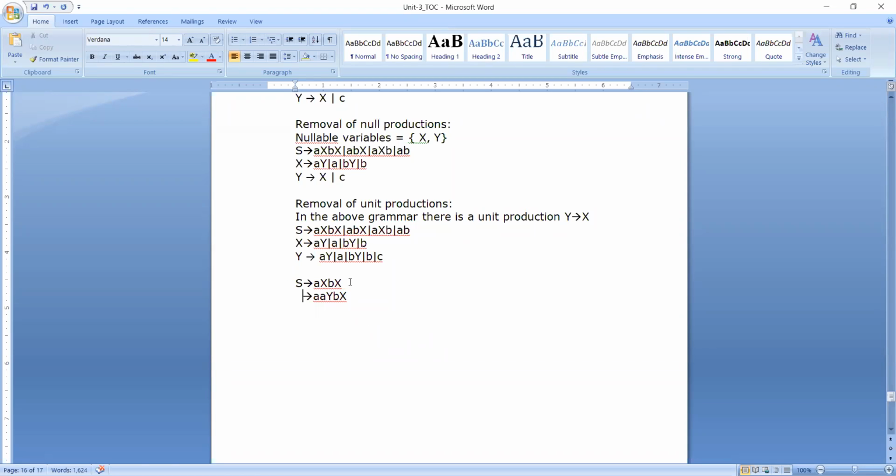Understand? So as in these productions also, now let me write here. So here I will write very clearly. Removal of useless symbols.